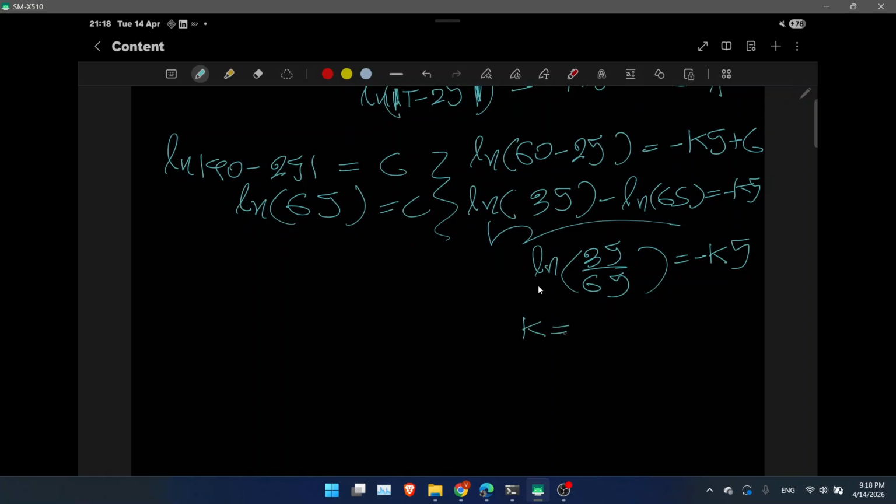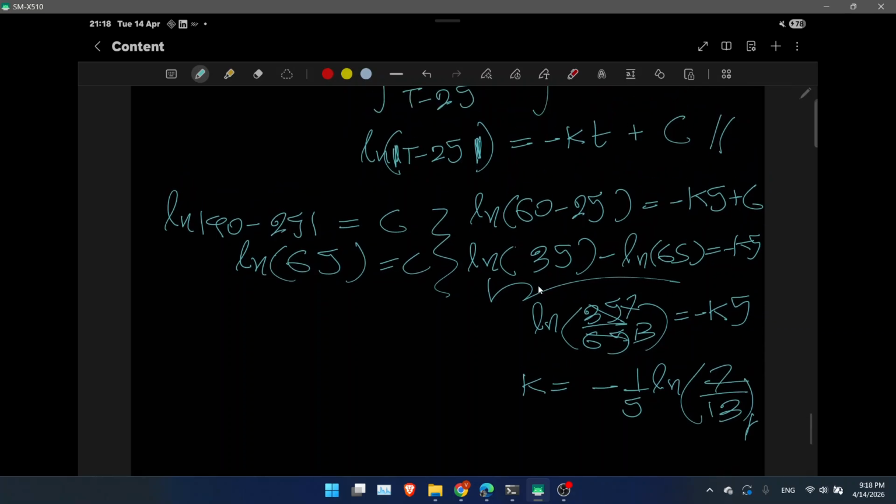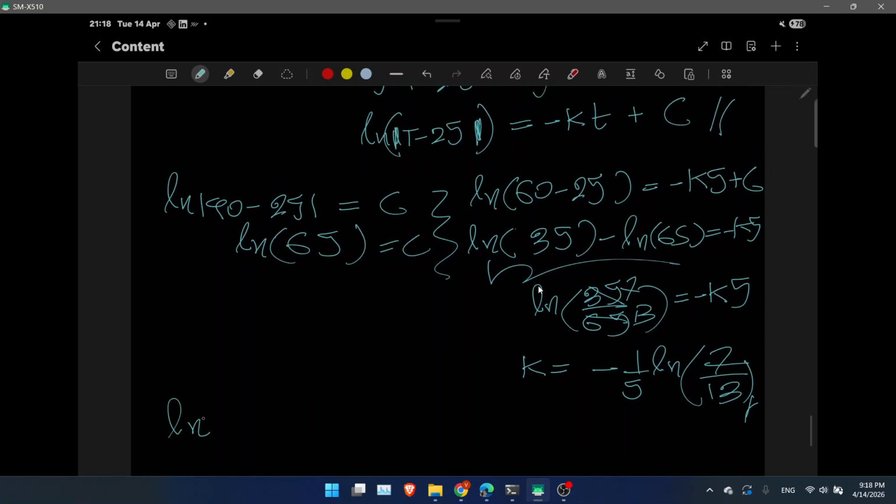So k is equal to minus 1 over 5 ln, we divide both sides by 5. This is 7 over 13. So fine, we find C and K. The final solution for this scenario is ln of T minus 25 is equal to minus kt.